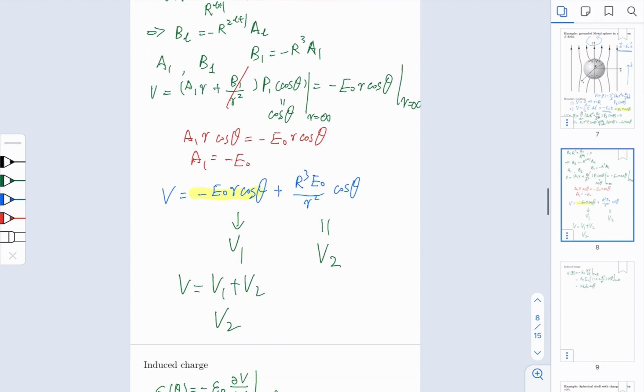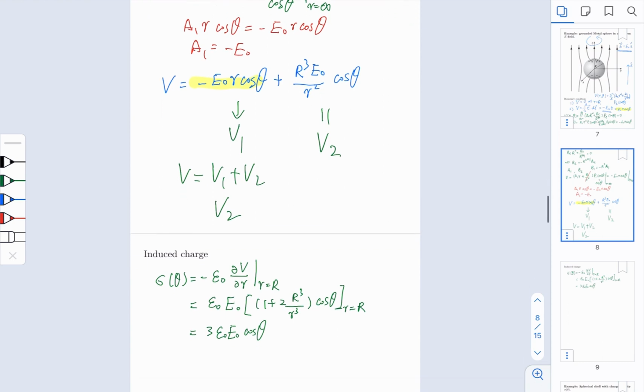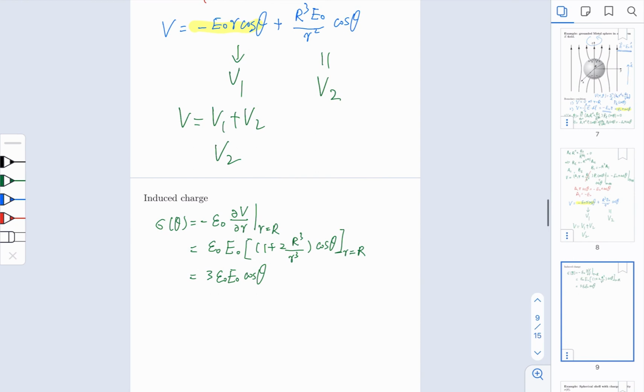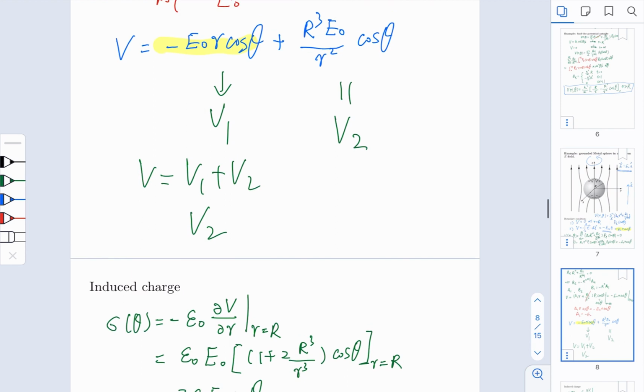But when you are trying to calculate the induced charge distribution, I think you can use either the total one or this one. You can try to do this at home to see if what I'm saying is correct, and I might be wrong. Okay.